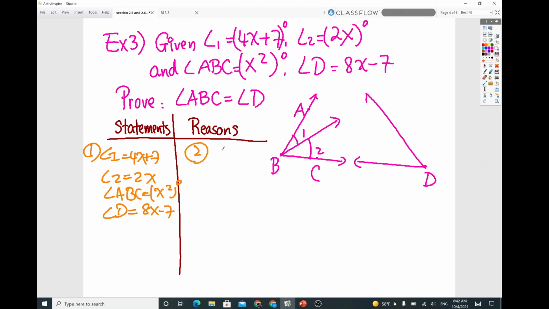One thing we notice is that angle 1 plus angle 2 equals angle ABC. That's what we put in next, and the reason is the angle addition postulate.